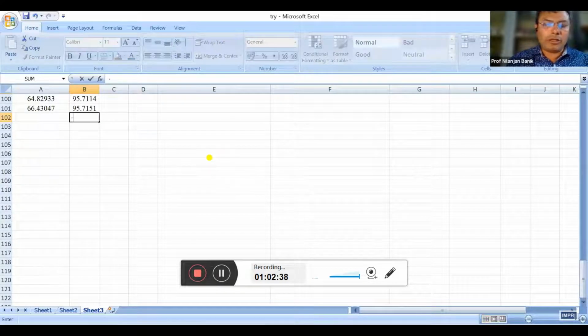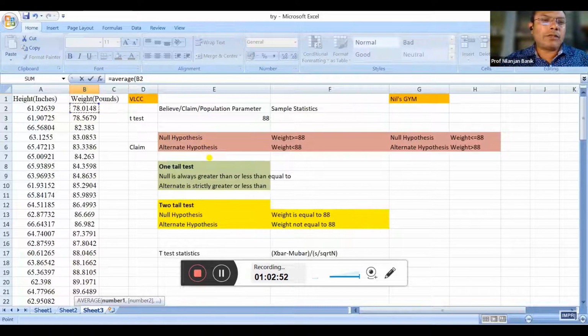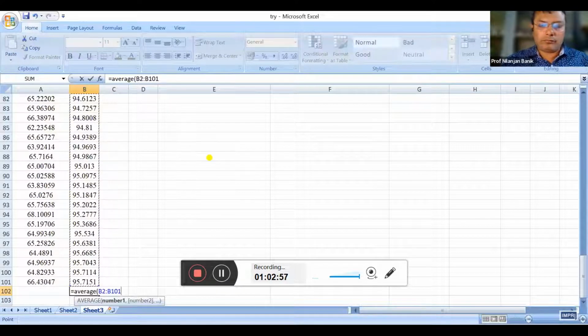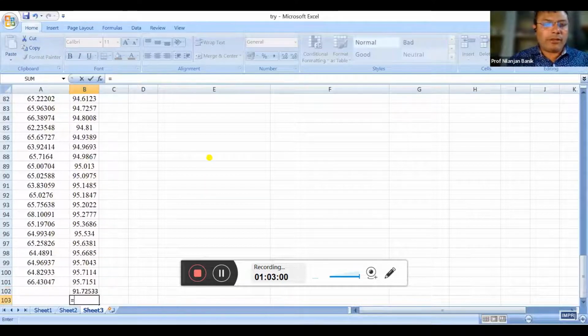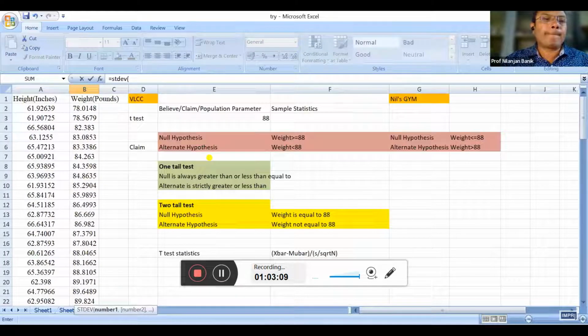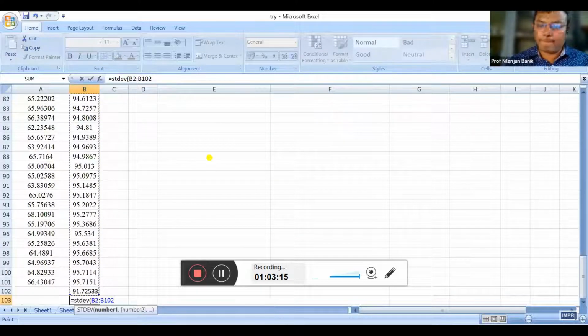So you have this average. So this is my average. And I have the standard deviation. This is my standard deviation.